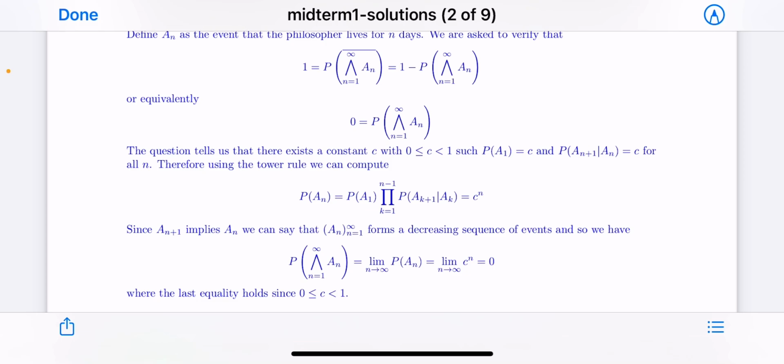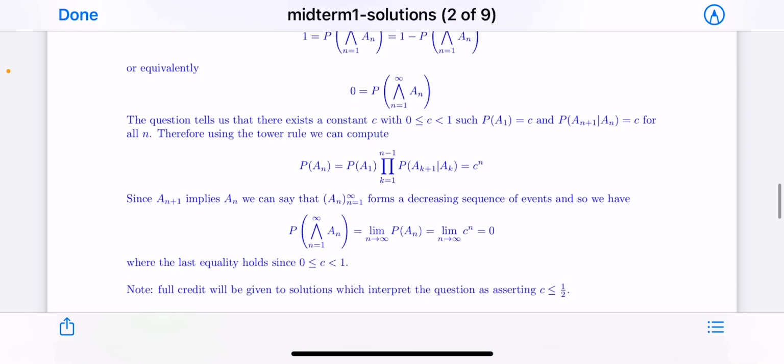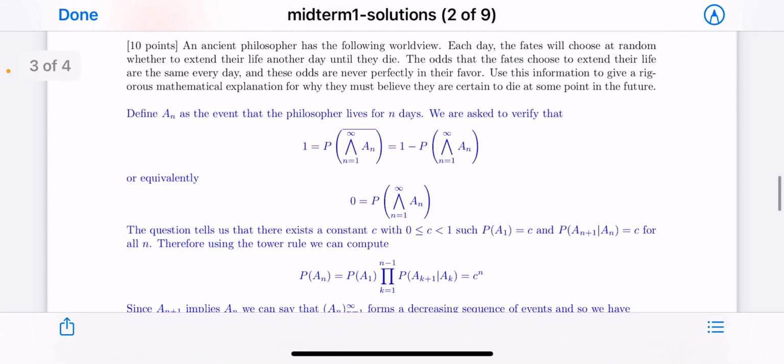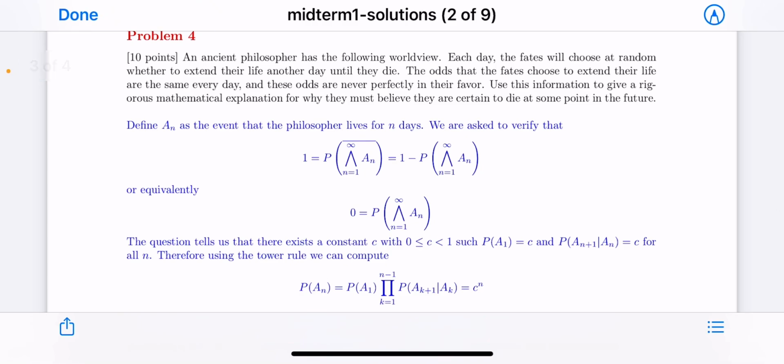So I got some emails about this question asking whether the phrase perfectly in their favor means that C is less than 1 or C is less than or equal to 1/2.